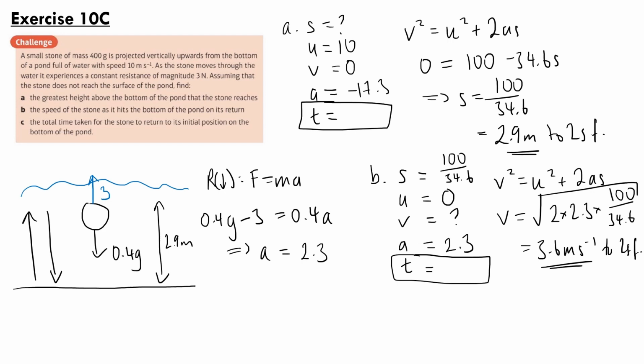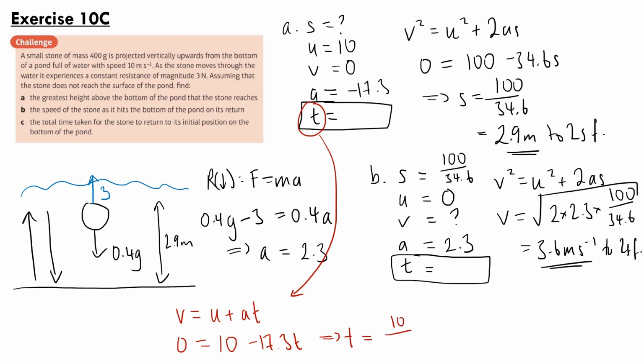So for our first value of t from the journey going up, we can use the equation v equals u plus at. And so we have that 0 is equal to 10 minus 17.3t. So we have that t is equal to 10 over 17.3.